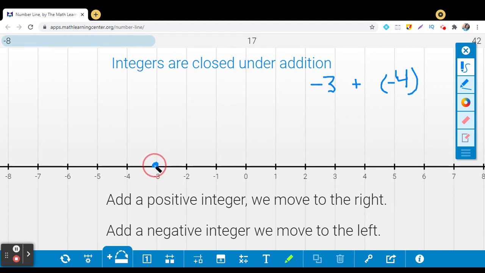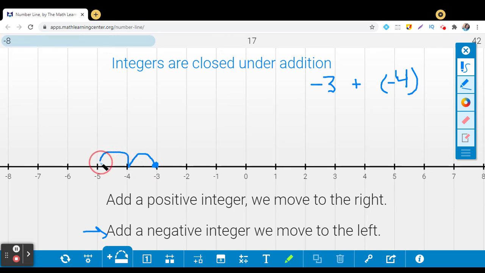And now we need to use rule number 2: when we add a negative integer, we move to the left. Minus 4 is a negative integer, and we need to move 4 steps to the left of minus 3 to get the answer. So let us do that.